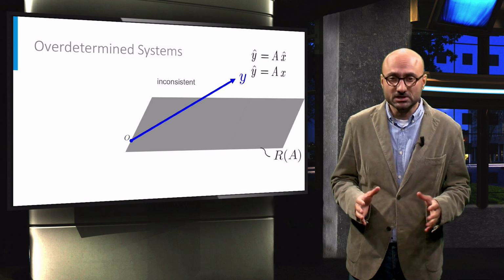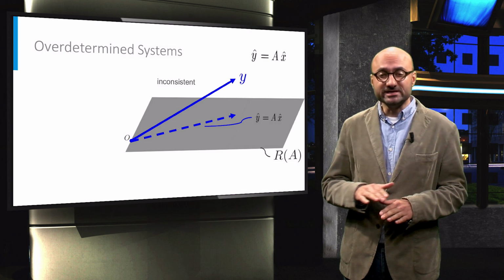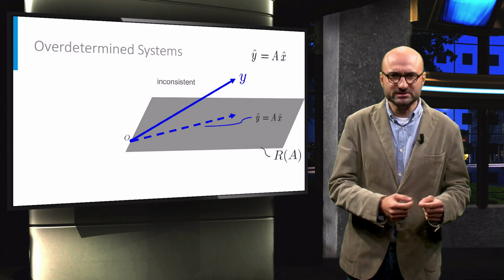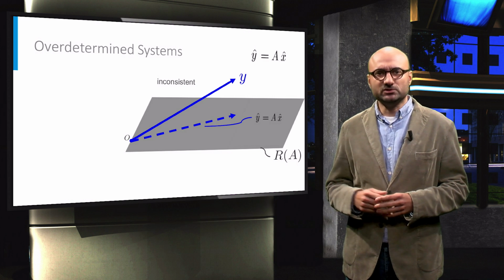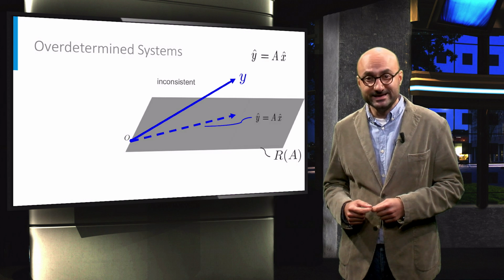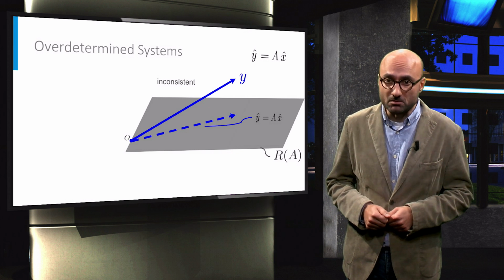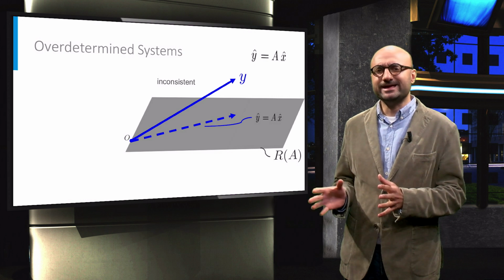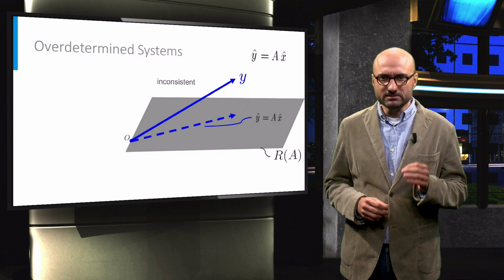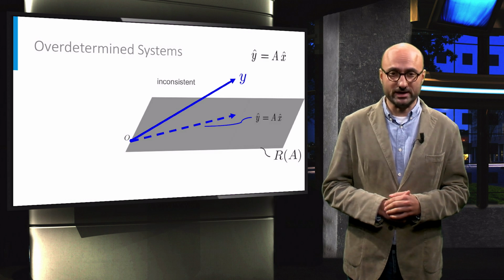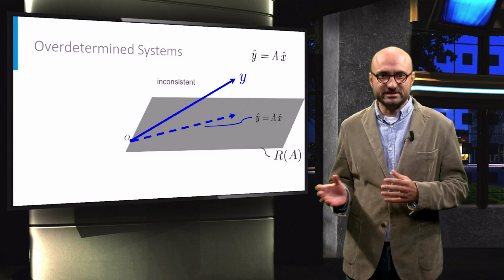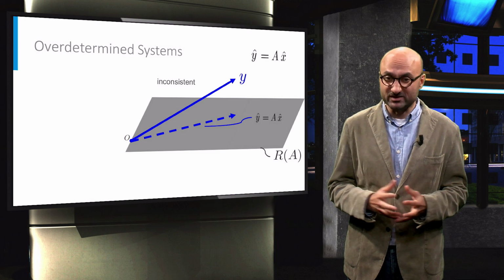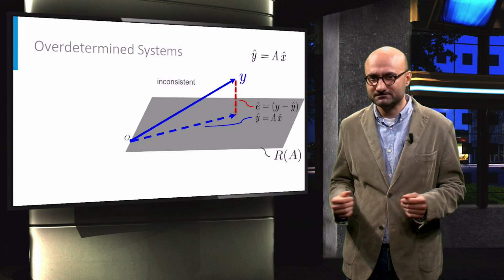In other words, y hat should lie in the range space of A. And so, because of the least squares principle, the distance between the original observation vector y and y hat should be minimum. That is, among all the vectors in the range space of A, y hat has a minimum distance to the vector y. Actually, the difference between observation vector y and its least squares estimate y hat is the vector of least squares residuals.